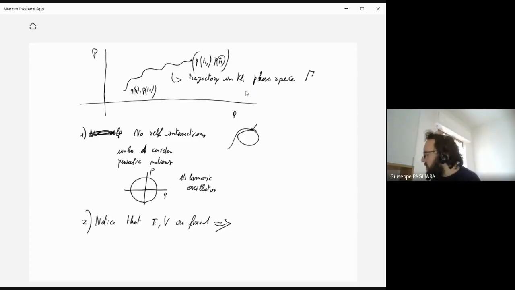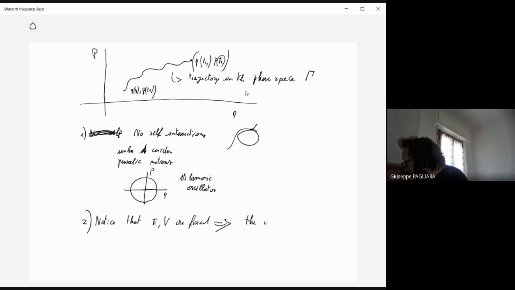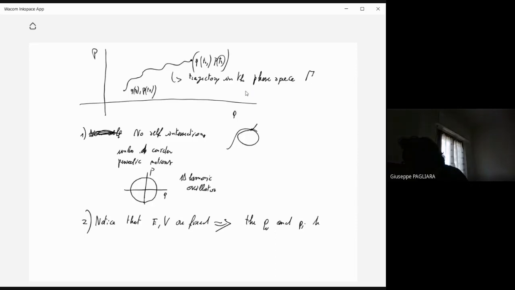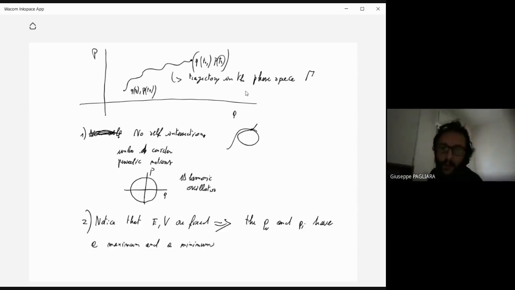So I have a maximum and a minimum for all the Qi and the Pi. Well, the minimum of Pi could be 0, of course.